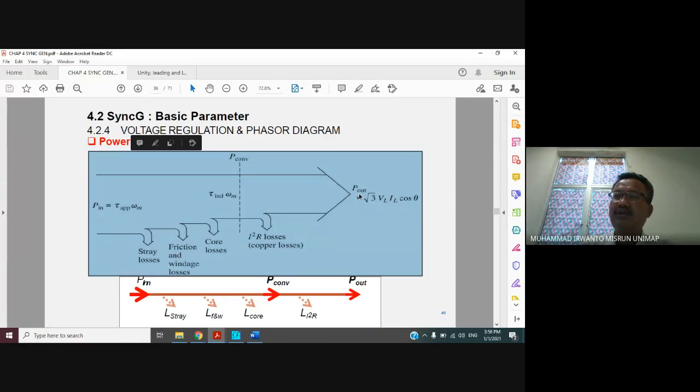If you want to use the phase voltage, you have to understand the relationship between line voltage and phase voltage.